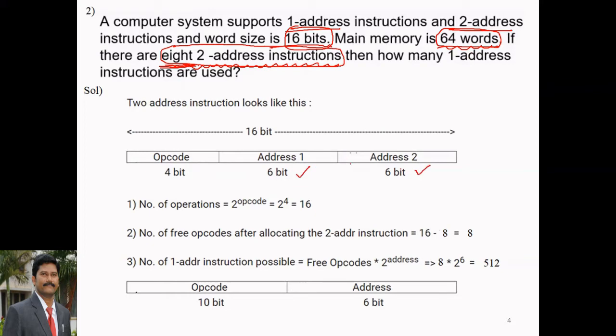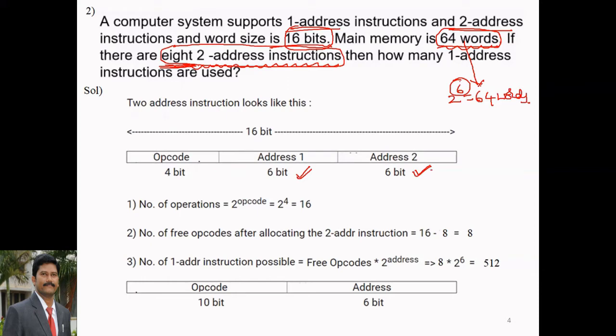In the two address instruction format, two addresses are there, 6-bit and 6-bit each, okay, because 2 power 6 equal to 64 words from this. Now the address lines are 6-bit, so for that reason I have written 6-bit and 6-bit.